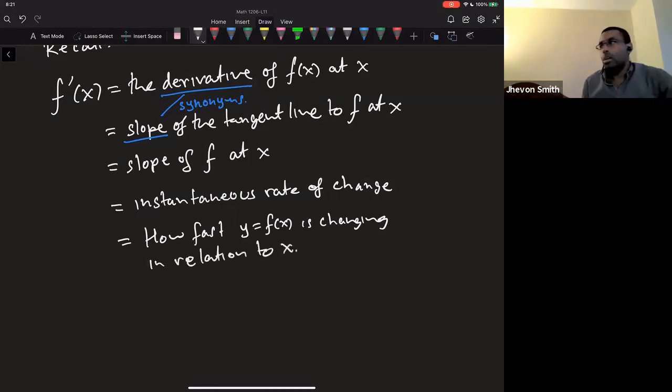to x. So remember the example that we did to introduce the idea of the derivative: we were going 50 miles per hour. What does it mean to go 50 miles per hour? It means that the mileage changes 50 times faster than the time. Every time the time moves forward by 1 hour, the mileage moves forward by 50. After 2 hours, you'd be 100 miles away.